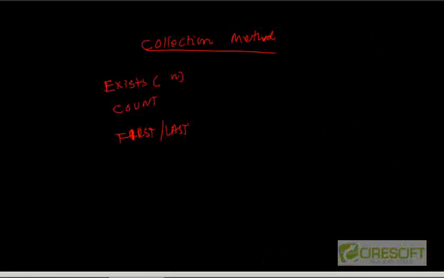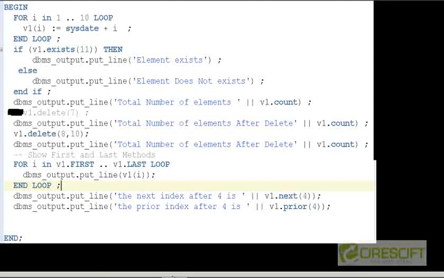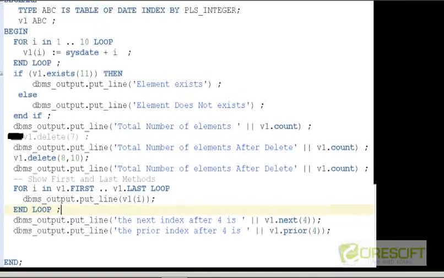So these are the collection methods: first and last, prior and next, delete. You use these collection methods to manipulate your index by table. We'll do some examples, and with that I think we should be able to clarify.